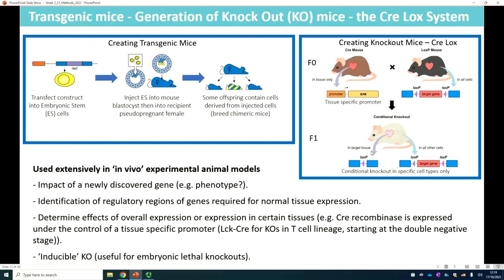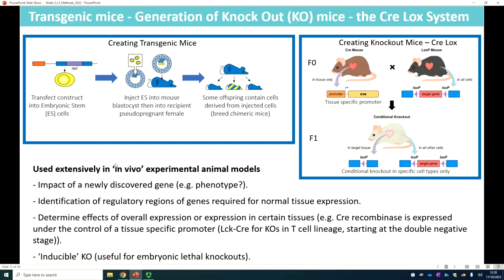You can see here that in our target tissue, our target gene has been removed, because Cre is only active in the T cells, and it has removed our target gene in our target tissue, in this case the T cells. In all other cells, the target gene is unaffected because the Cre is under the control of the tissue-specific promoter. So that's how you would create a knockout, or a conditional mouse knockout.